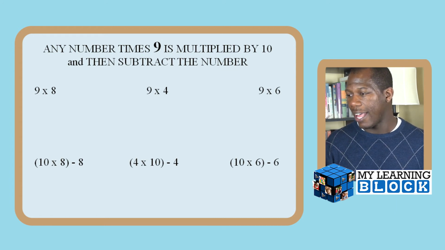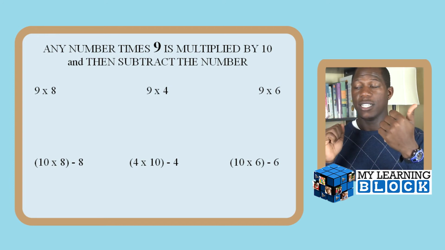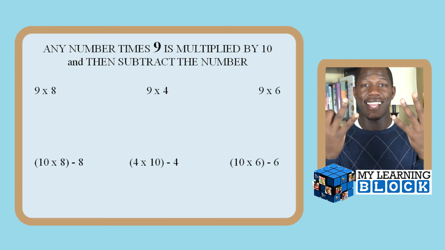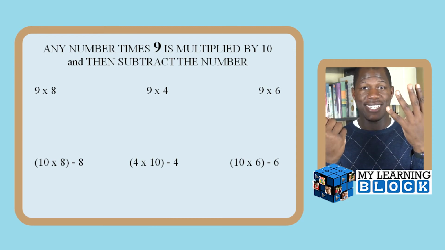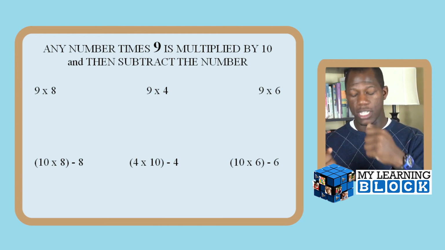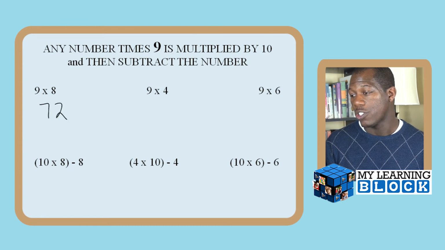So if I have 9 times 8, I have 10, 20, 30, 40, 50, 60, 70, 80. 79, 78, 77, 76, 75, 74, 73, 72. Therefore, 9 times 8 equals 72.